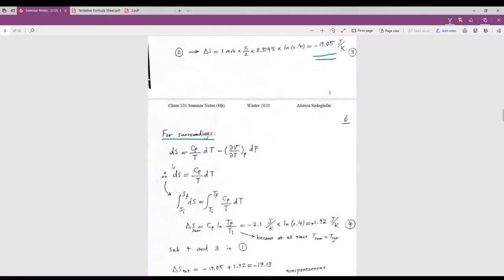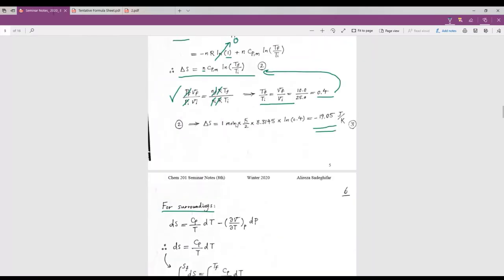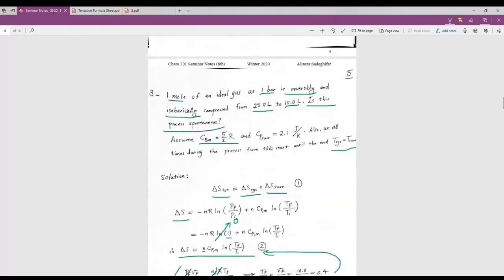What is it? If I go back to the question, what information do we have about the state of the matter of the surroundings? Does it tell us anything about whether the surroundings is an ideal gas, a liquid, a solid, or a real gas?